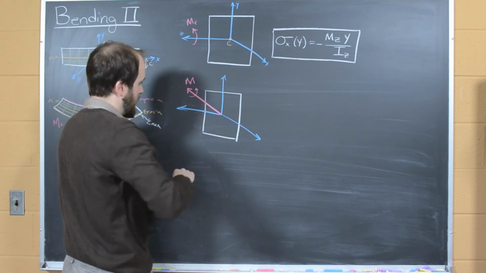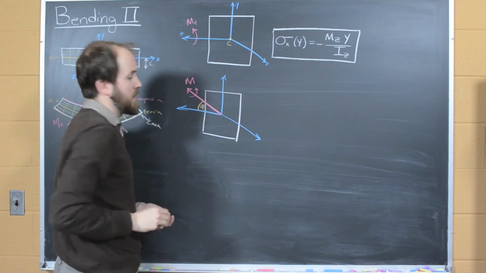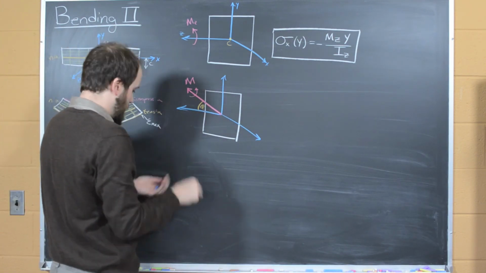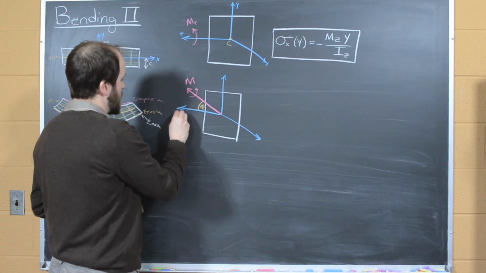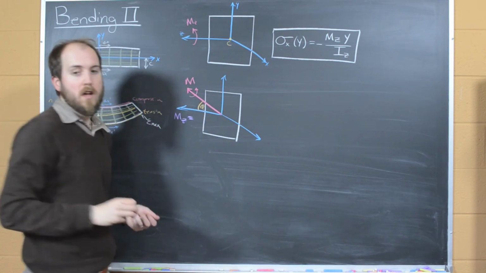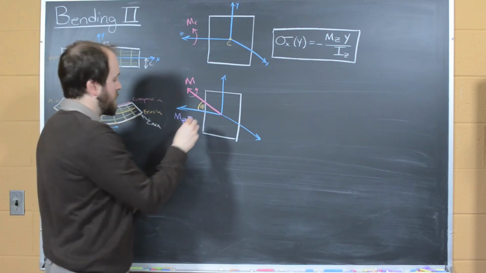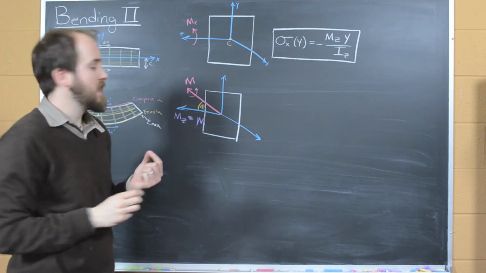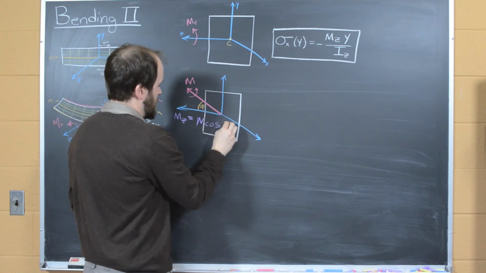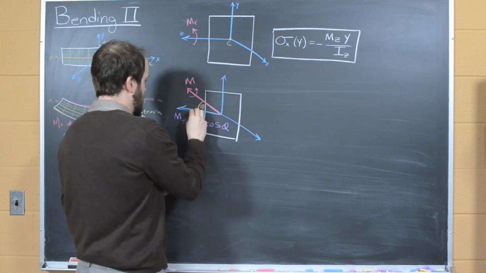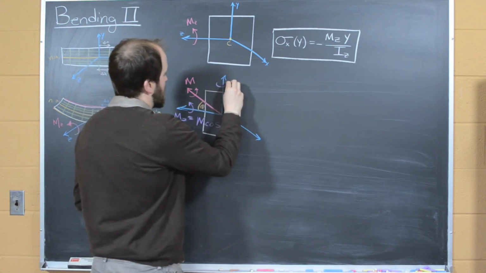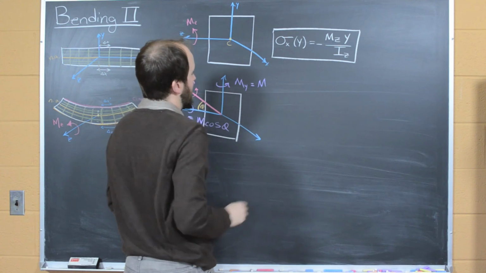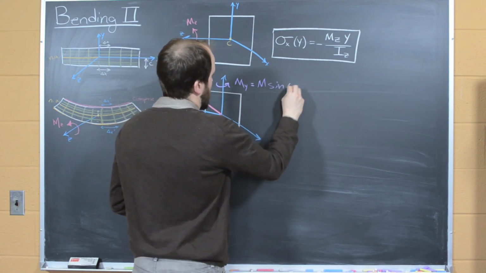And so this will occur at some angle theta. And so what we can describe is that we will end up with a moment about the z-axis, which is equal to the moment being applied times the cosine of the angle theta. And so this would be like that. And our moment about the y-axis is going to be equal to the moment applied times the sine of our angle theta.